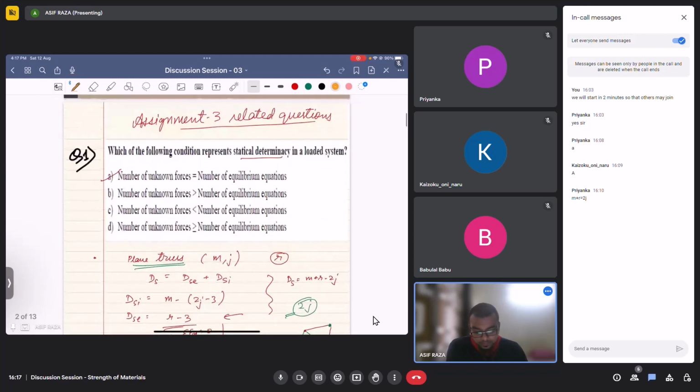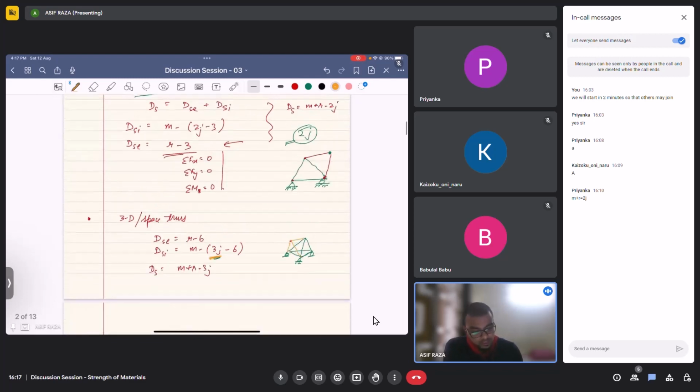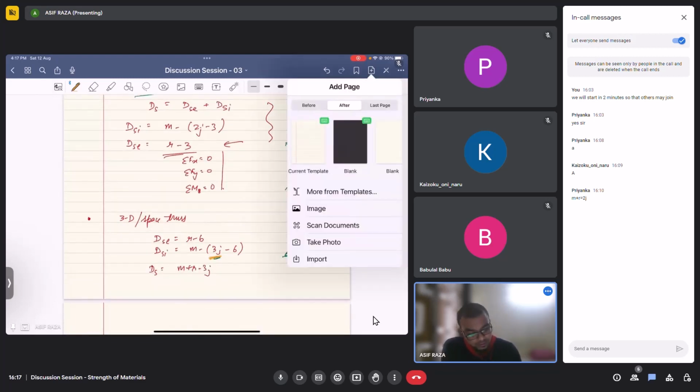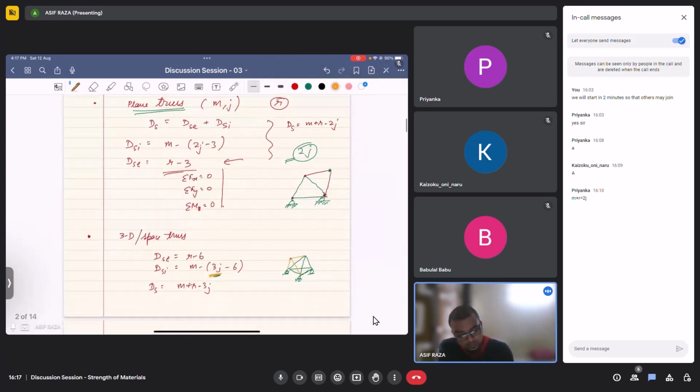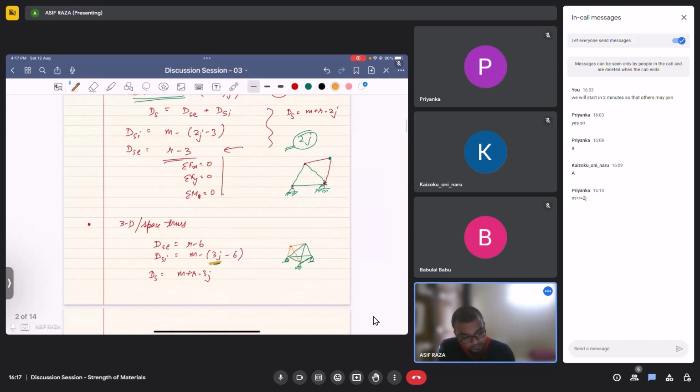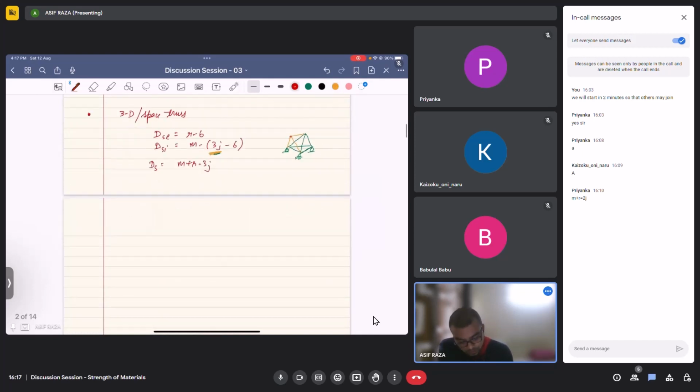Okay, to see whether you guys know about frames or not, I'll just ask about plane frames. So what would be the case? The plane frames, DSE, DSI, and DS.